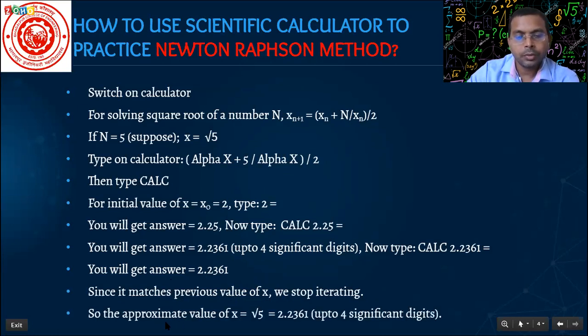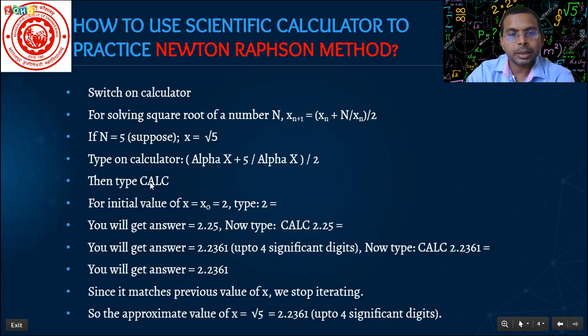So the approximate value of x, that is root 5, will be equal to 2.2361 up to 4 significant digits using the Newton-Raphson method. And this we have done using the scientific calculator. So these are the steps. First we type the right side of the iteration formula.